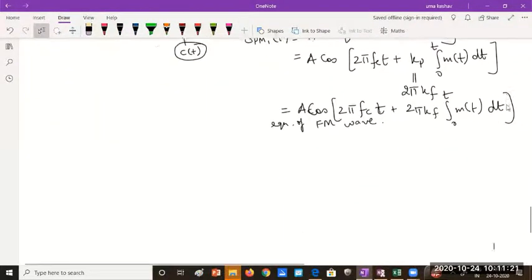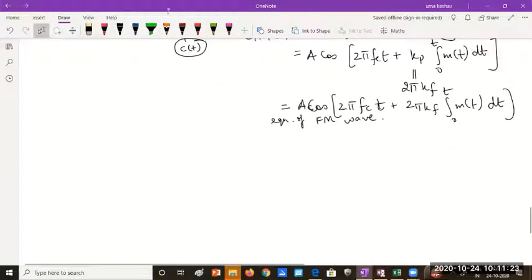So what do these two conditions show us? Anybody? Can somebody summarize?